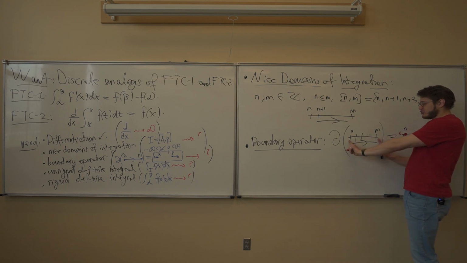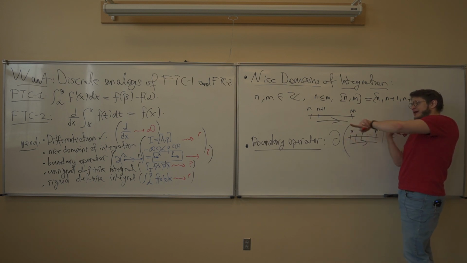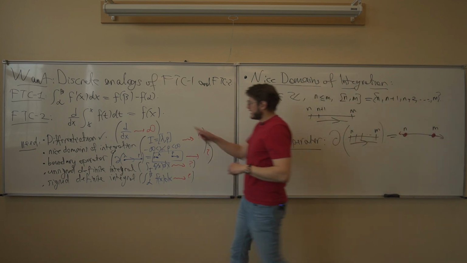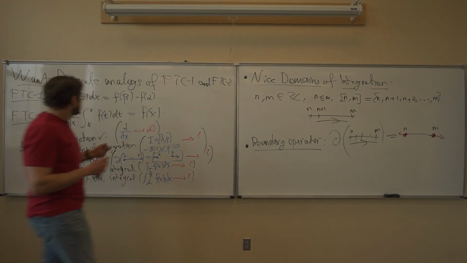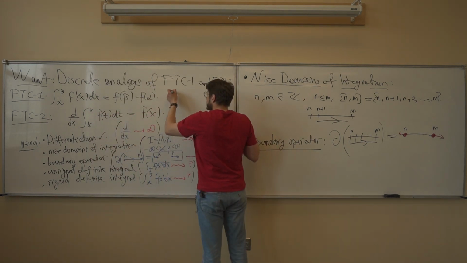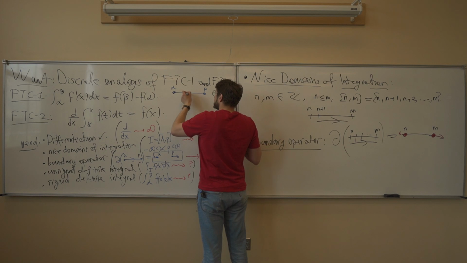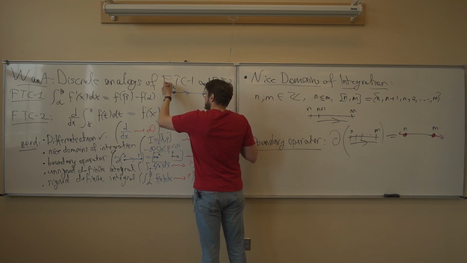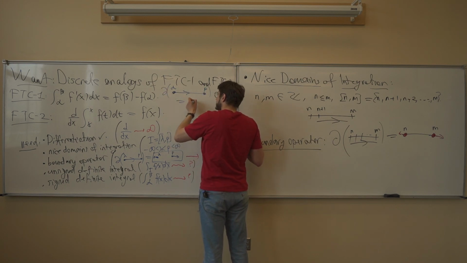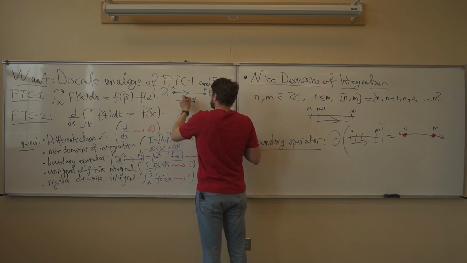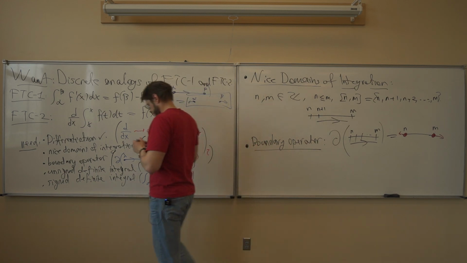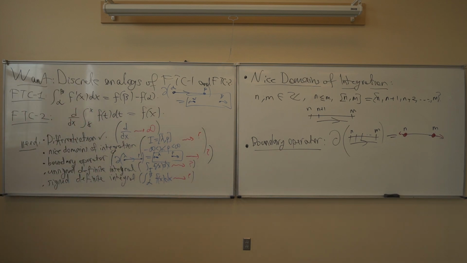So this is like your bulk, and your boundary should be outward pointing. That was the case in this situation too, remember. We had this interval from alpha to beta, and then we looked at the boundary of this, and we said that this is beta here, alpha this way. Any questions so far?